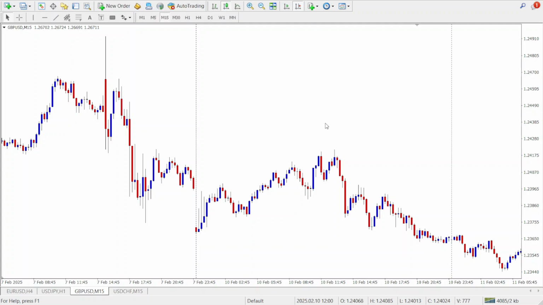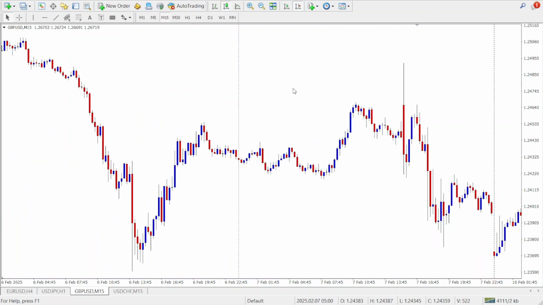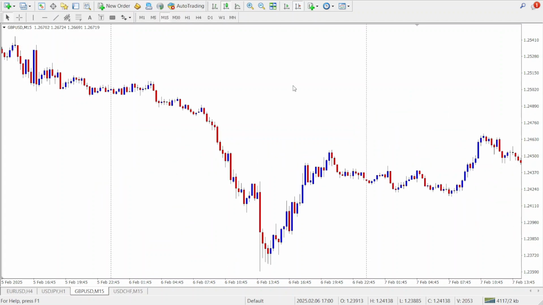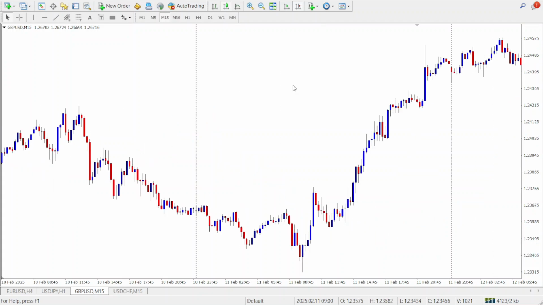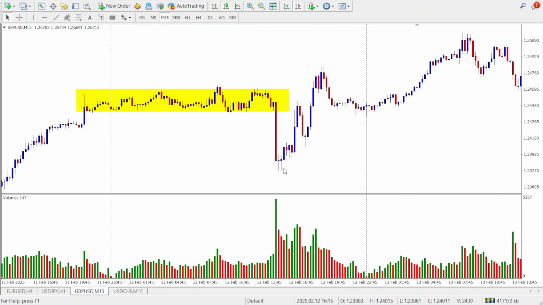Now, a momentum breakout happens when price moves beyond a key level with strong force, driven by high volume and market participation. When the price breaks out of a key level with strong force, high volume, and market participation, we call that a momentum breakout.